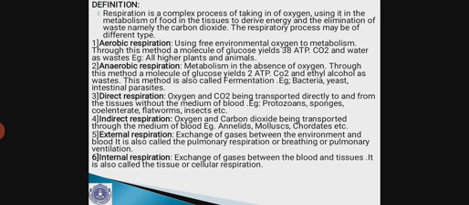Coming to the next type, direct respiration. Oxygen and carbon dioxide are transported directly to and from the tissues without the medium of blood. This is seen in animals which do not have a proper respiratory system, such as protozoans, sponges, coelenterates, flatworms, and insects.